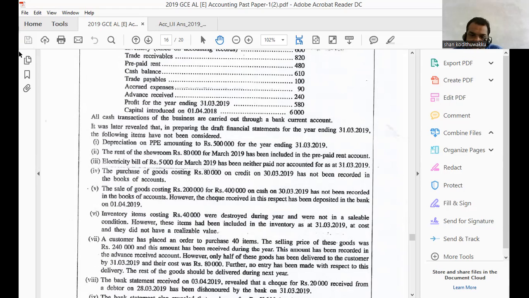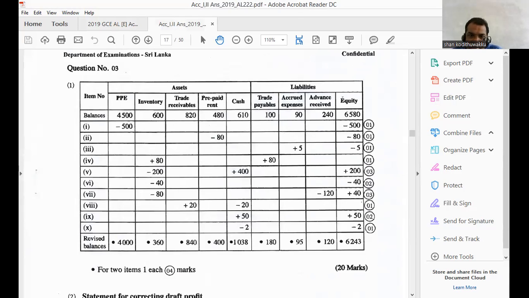Then you can just see how they have adjusted the answer. Here, the opening balance given in the question is 480. As they haven't paid rent for March 2019, you can deduct it from the opening balance. Therefore, minus 80 from prepaid rent.